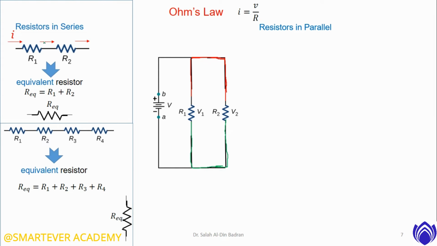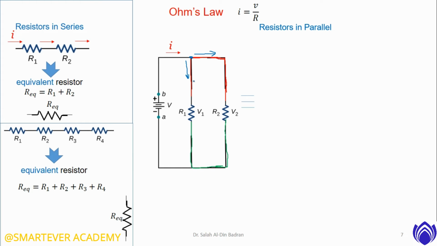But in series, only one terminal of each of them is connected together. The other sides of each of them are connected to the rest of the circuit. The current flows in this direction, and it goes into this direction and this direction, so it will be distributed into two directions.